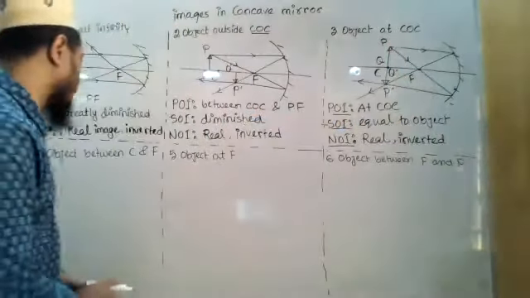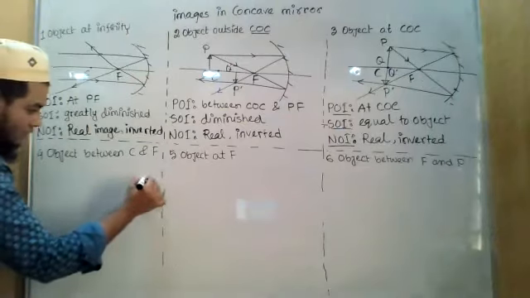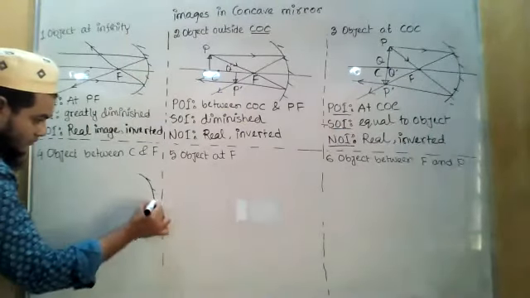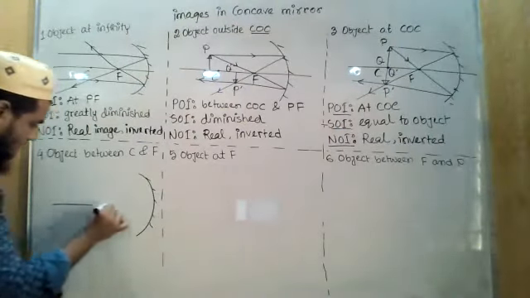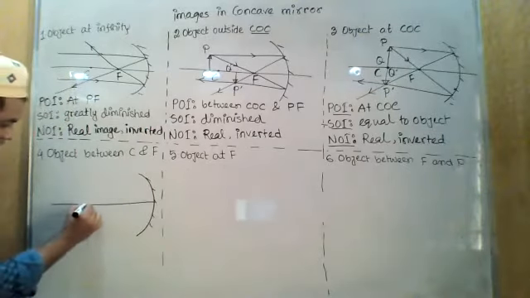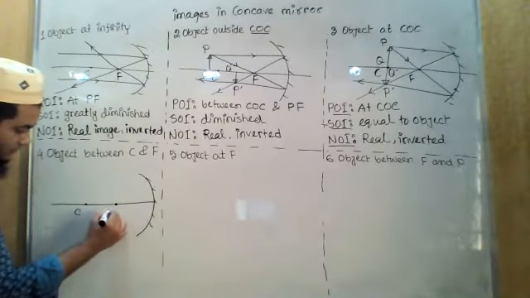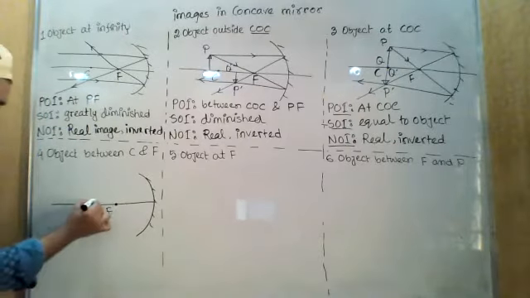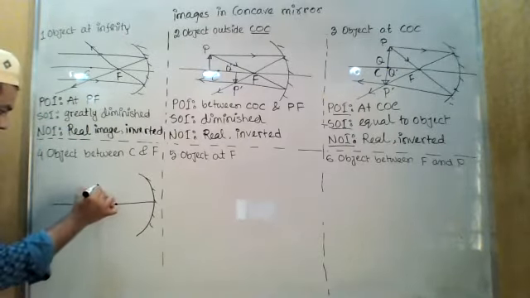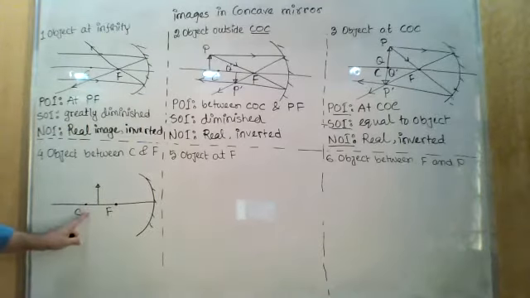So this is the position now. Let us say this is the center of curvature and this is the principal focus. So our object has to be now here, between C and F.